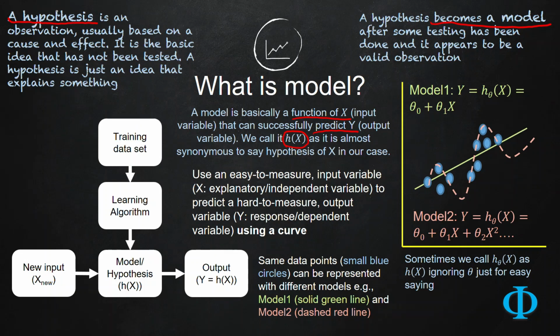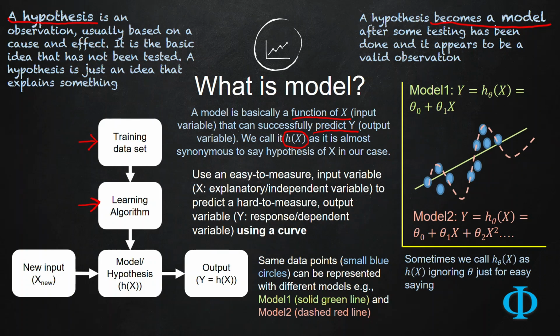Now, how can I build a model or hypothesis? There is a process that you need to follow in machine learning. Let's say you have got the training data set, and you pass that training data set through a learning algorithm. Or the other way, the learning algorithm is applied on the training data set.